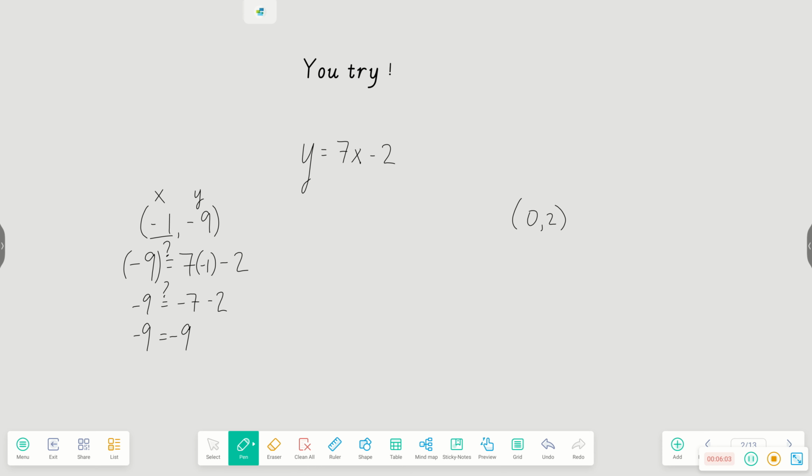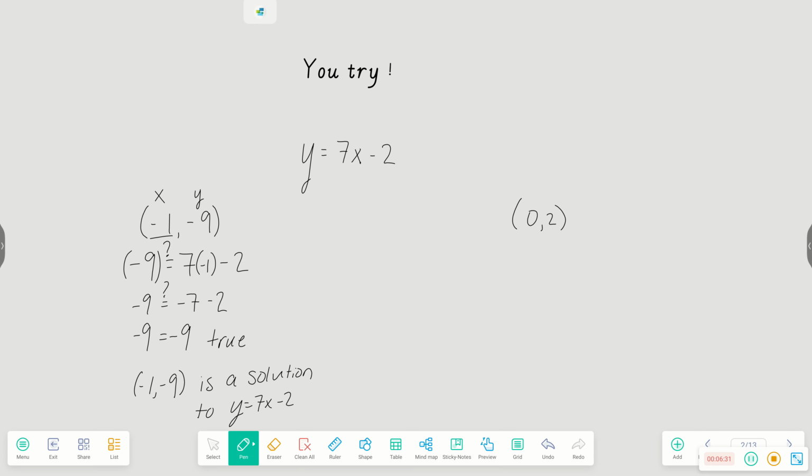So this statement is actually true. So your conclusion should be -1, -9 is a solution to y equals 7x minus 2. And if you were to graph this equation, you would see that that point is in fact on that line, that the point -1, -9 is on the line.